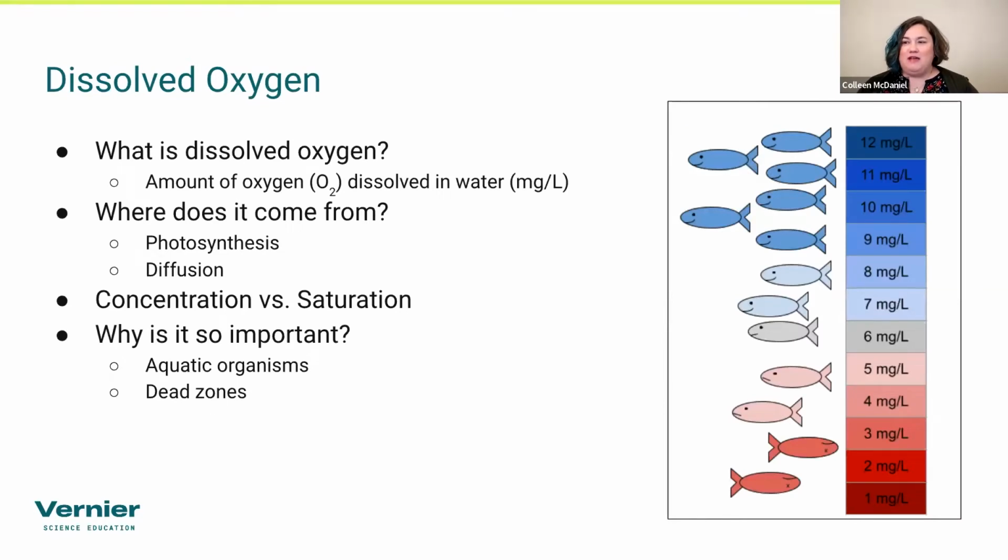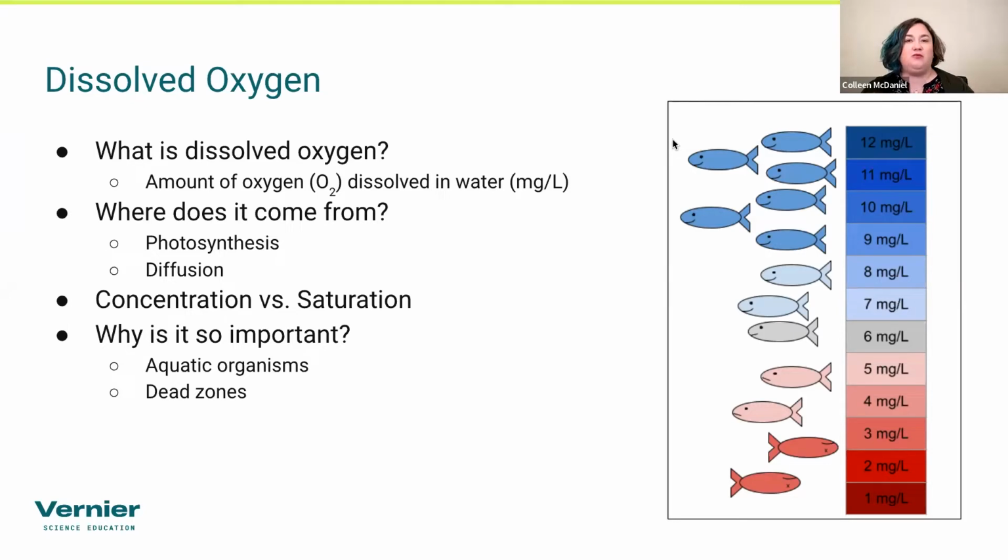So today's topic is dissolved oxygen. One of the questions I get a lot is that many people don't fully comprehend exactly what dissolved oxygen is. When we're looking at a measurement of dissolved oxygen, we're looking at the amount of oxygen in water. So we're not talking about oxygen gas in the atmosphere.